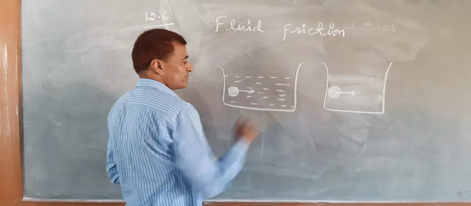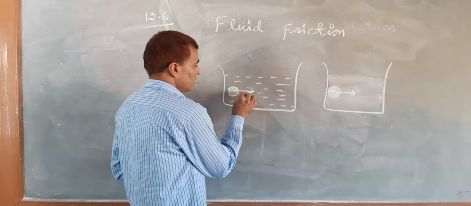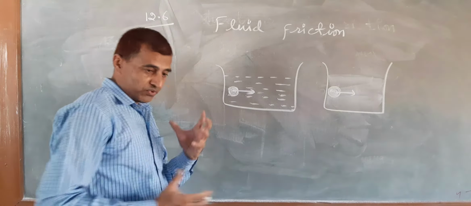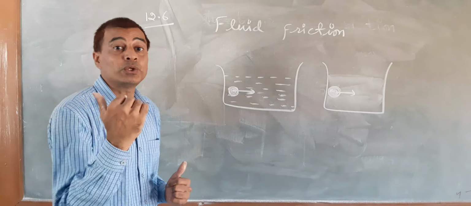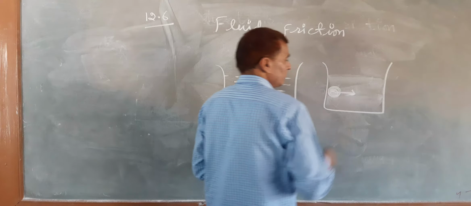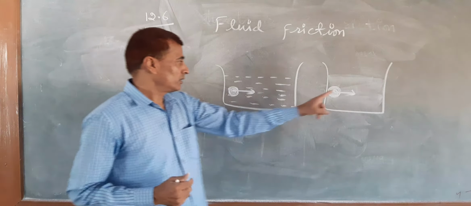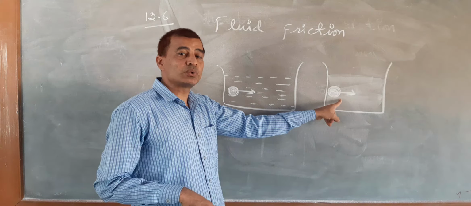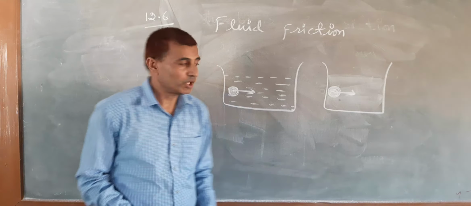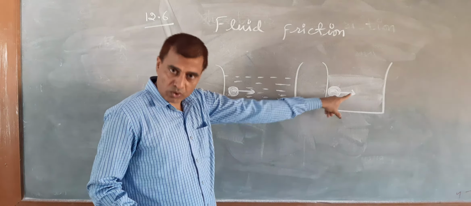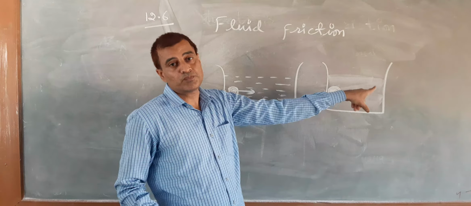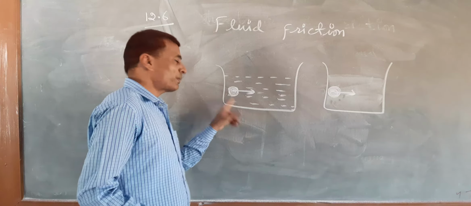Now, take the same object and move it from this to this direction and feel the effort used by you. Here again, do the same. You will see this time the effort used by you is greater. It means here you use more force to move this object with the same speed in comparison to this.